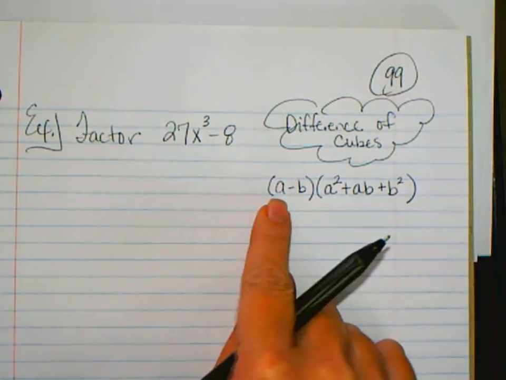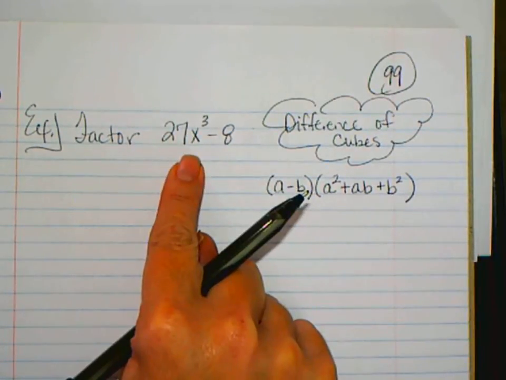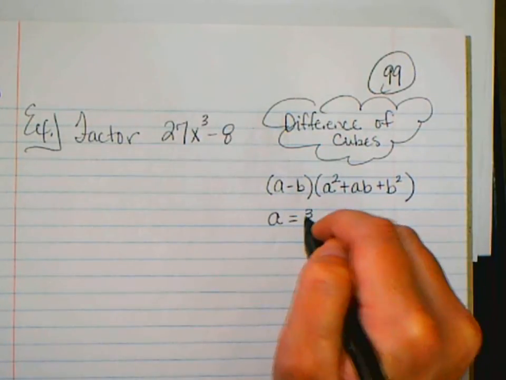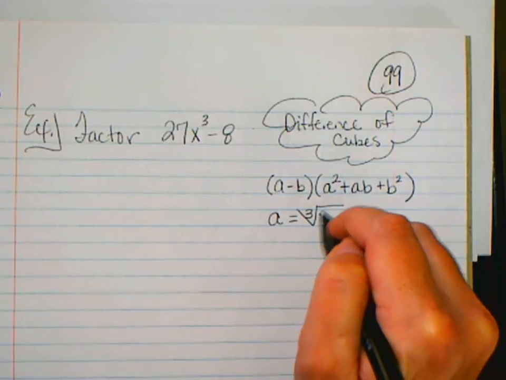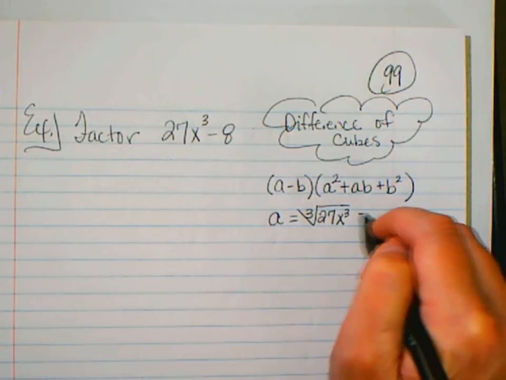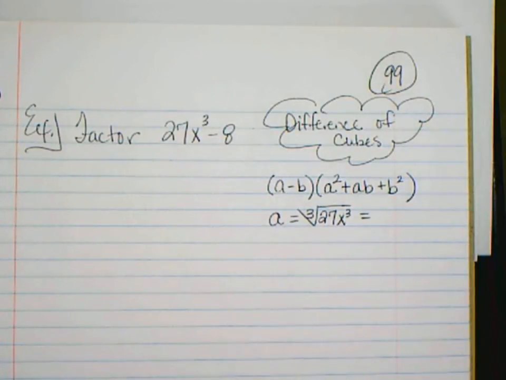So A is talking about the cube root of the first term. So to find A, we have to take the cube root of 27x cubed. What's the cube root of 27? 3. What's the cube root of x cubed? X. So what's the cube root of 27x cubed? 3x.